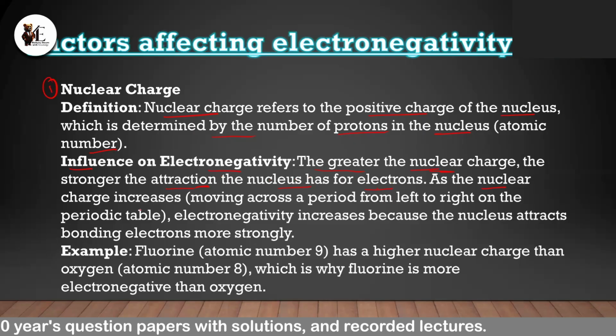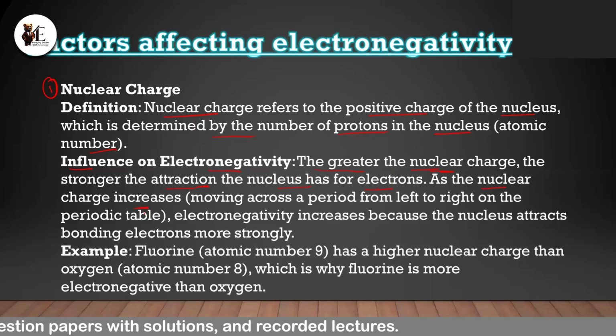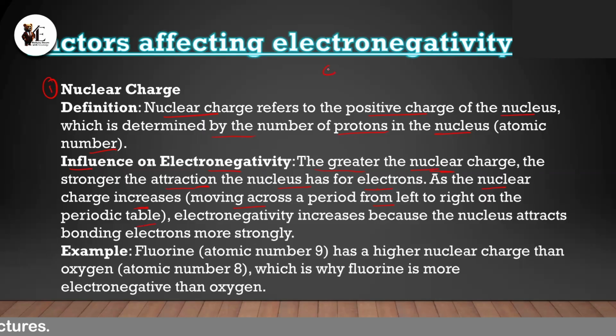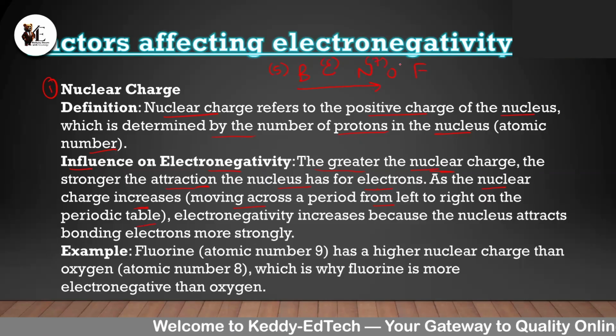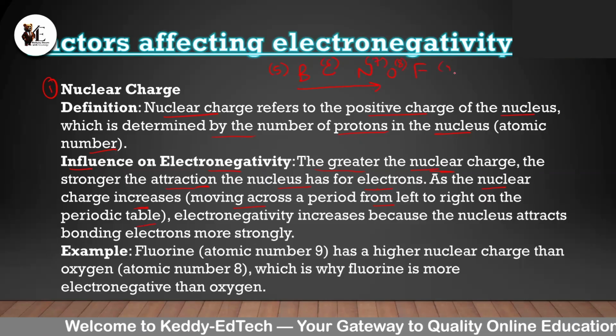Whenever your nuclear charge increases, moving across a period from left to right on the periodic table, like boron, carbon, nitrogen, oxygen, fluorine, nuclear charge increases because the number of protons increases.